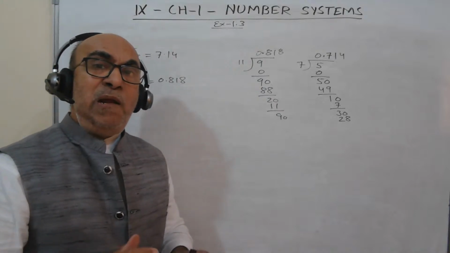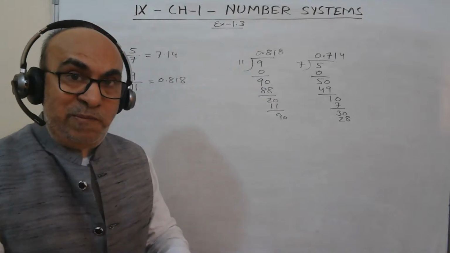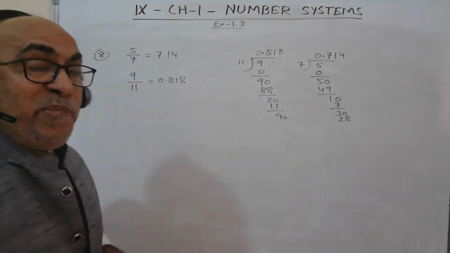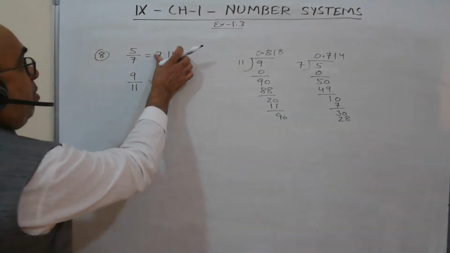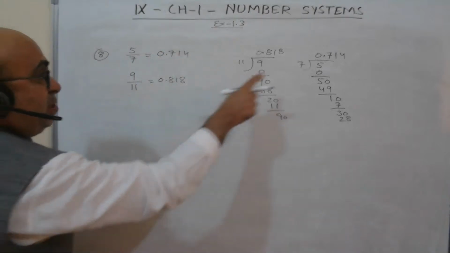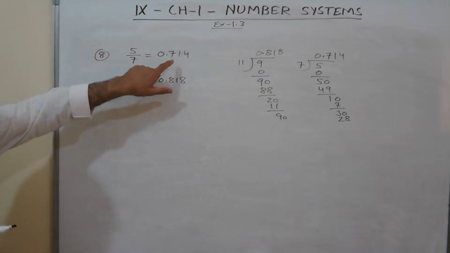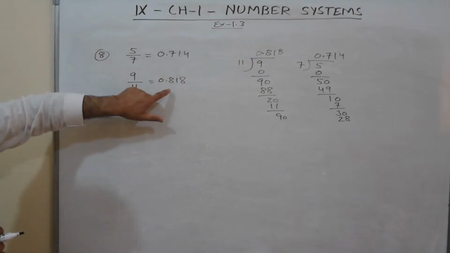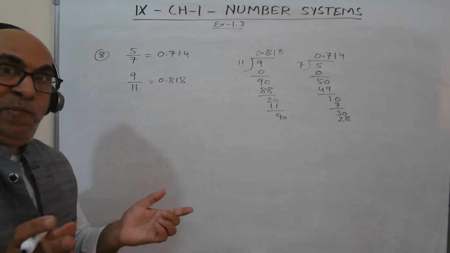Irrational numbers are non-terminating, non-repeating decimals. That's why we converted into decimals. So, it is 0.714 this. See this one. So a number bigger than this and smaller than this, and irrational.